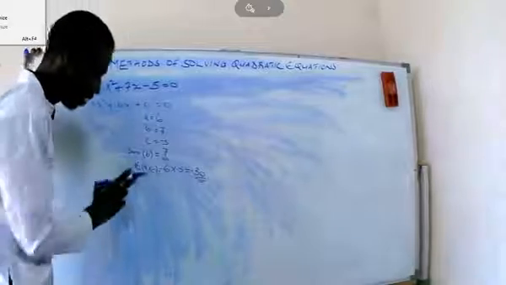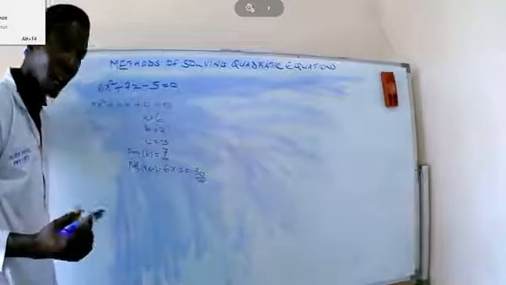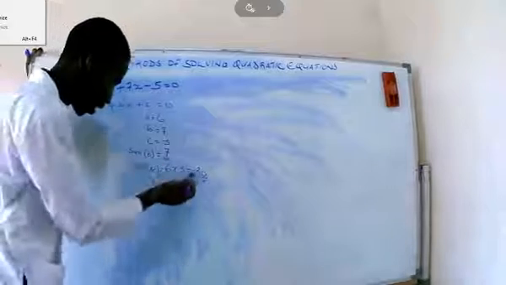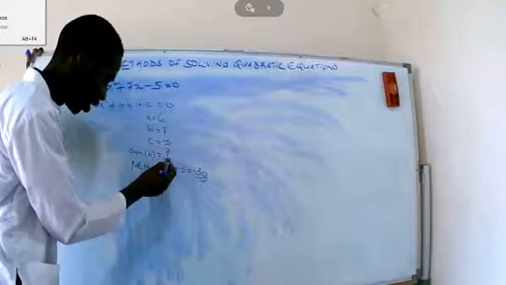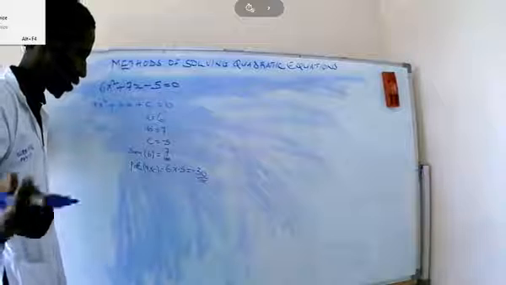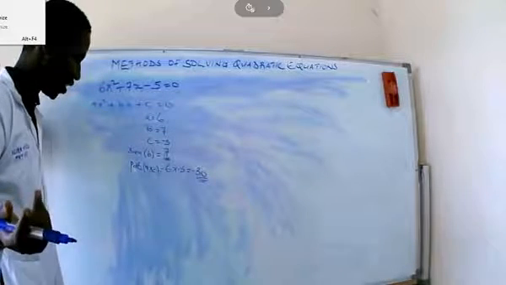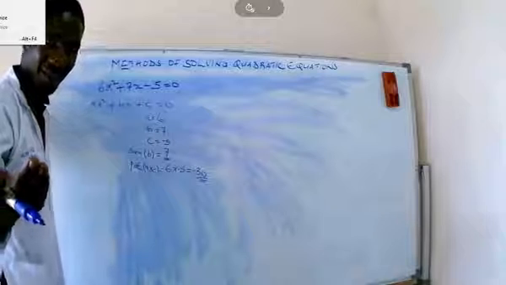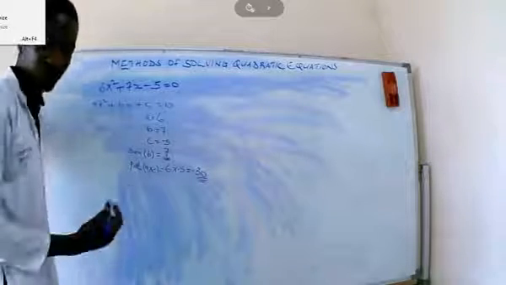When you multiply them, you get negative 30, and when you add them, you get positive 7.